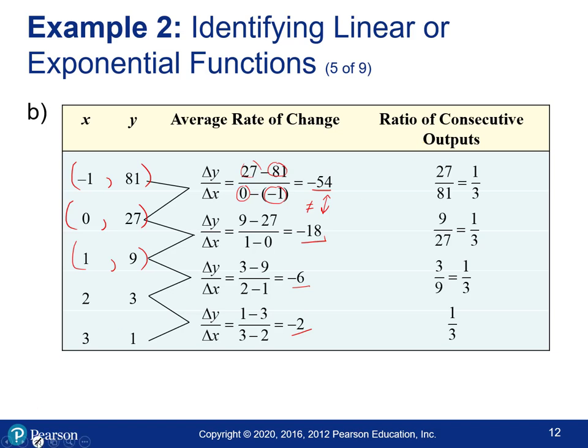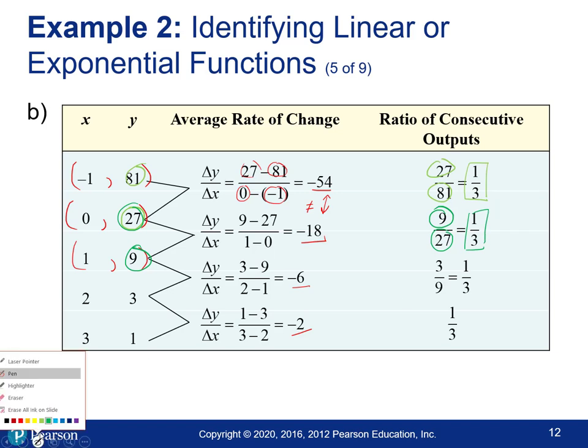So remember what we just talked about? It's exponential if we take the second output, divide it by the first output, we get a ratio there, and if that ratio is constant for all of our outputs. So if we take our third output, divide it by our second output, and we got the same ratio.